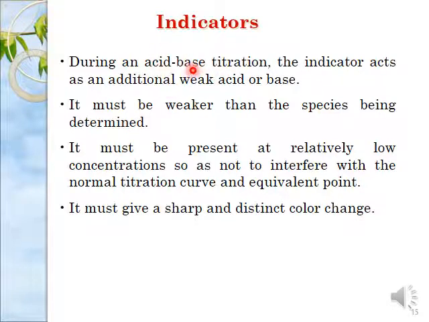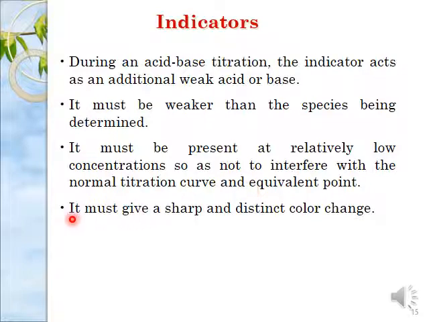But if your sample is a weak acid, the indicator has to be weaker than the weak acid used, otherwise it will interfere with the titration. The indicator also has to be at very low concentration. That's why when you do acid-base titration, you only add 2 to 3 drops of indicator to the analyte. Don't put too much, otherwise it will interfere with the titration.